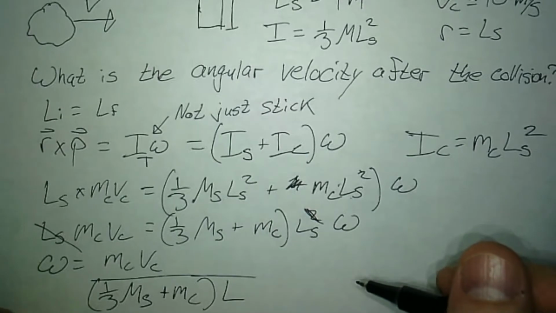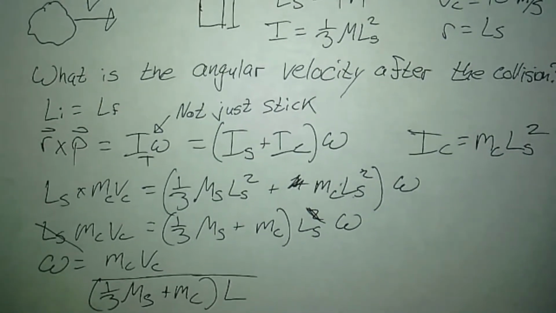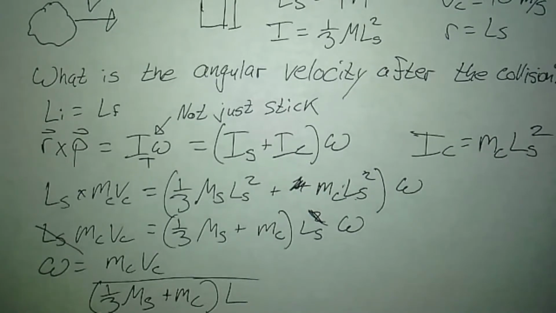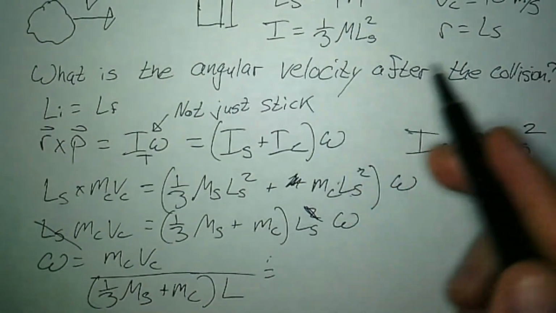Alright, so now we're in calculator territory. Let's put numbers in. If you want to skip ahead and see the result, you are completely free to, or you can watch me do calculator work. Okay, I've got my calculator, so let's write the numbers down. The mass of the clay we said was 0.25.